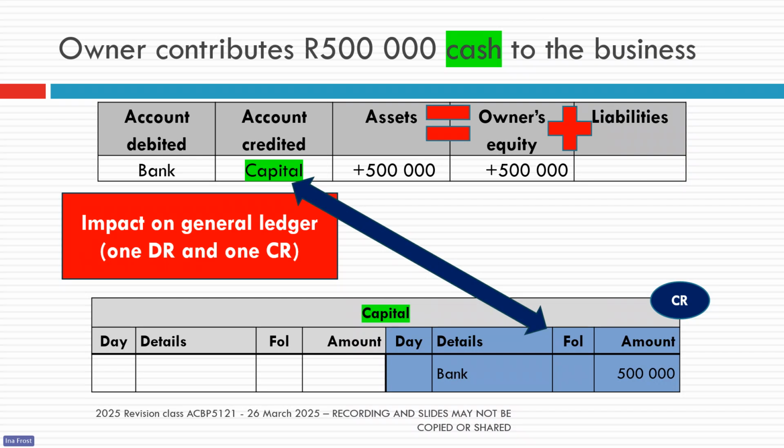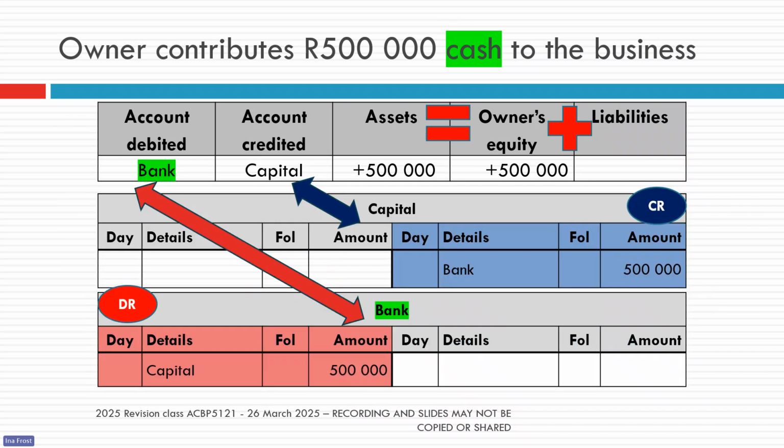So when the owner contributes anything, we call that capital. And the capital account in the general ledger is going to be credited. And the bank account in the general ledger is going to be debited. So you can see we've got two entries. And yes, one of them is a debit and the other one is a credit.